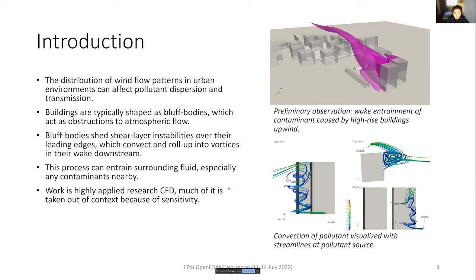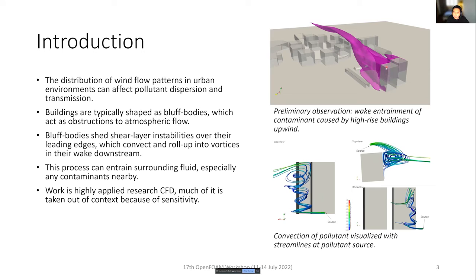This results in an entrainment process of the surrounding fluid, especially if the contaminants are nearby the bluff bodies. What we observe, as the isosurface and the streamlines show, is that there's a certain verticality in the convection of the flow. A lot of the work presently only studies the horizontal profile of contaminants or convection throughout the city, but not so much the vertical extent of pollutants and contaminants.